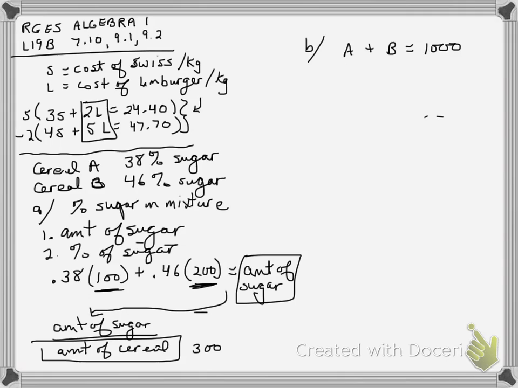Now thinking about sugar, I would have 0.38 times A, the amount of A, would be the amount of sugar in the first one. 0.46 times B, the amount of cereal B, would give me the amount of sugar in the second one. And for the whole mixture, I'm going to get 0.40. That's what they give me in the question in B, a mixture containing 40%.